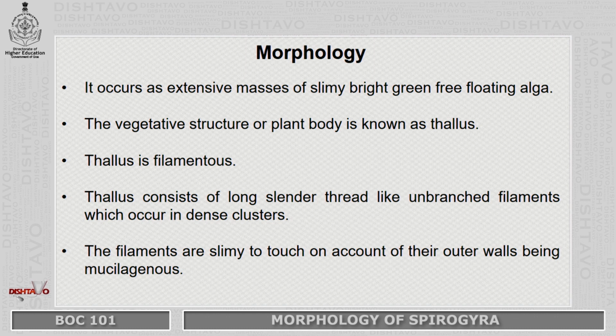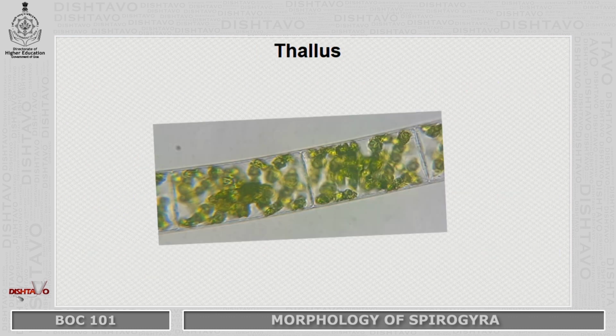Thus, this thallus is a filamentous structure. Thallus consists of long, slender, thread-like, unbranched filaments which occur in dense clusters, and the filaments are slimy to touch on account of their outer walls being mucilaginous.